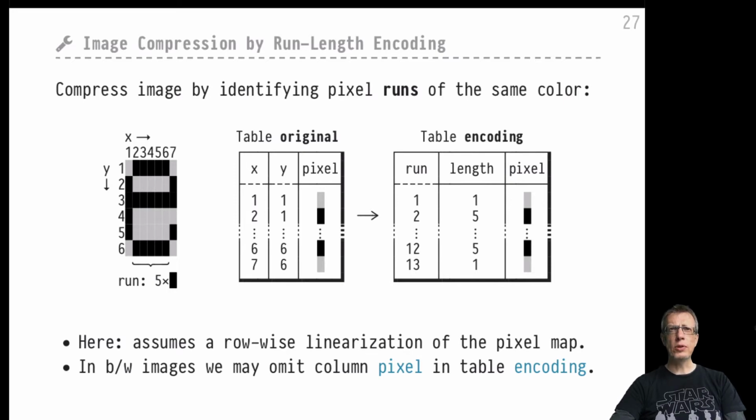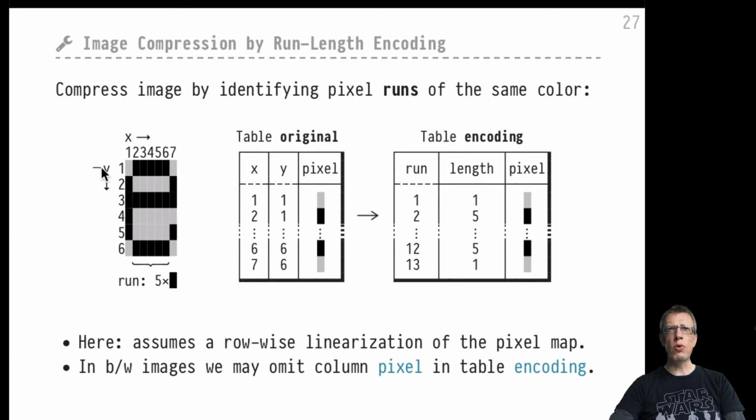In run length encoding, we would not view this graphic as a 2D pixel format, but as a 1D sequence or 1D string of pixels. And in this example on the slide, and also in the sample SQL code that I brought with me, we will linearize this 2D picture by walking across it in a row-wise fashion.